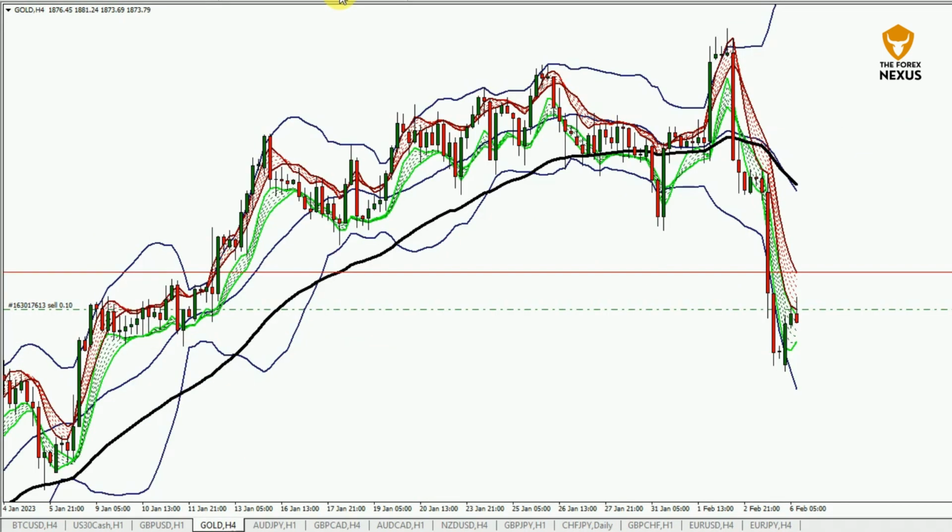On H4 we got re-entry, we got extreme here. So after the MLV, when we get MLV, we will close our trade and then we will look for a buy confirmation, because on weekly it's a re-entry buy. Okay, so this is the MLV conclusion.